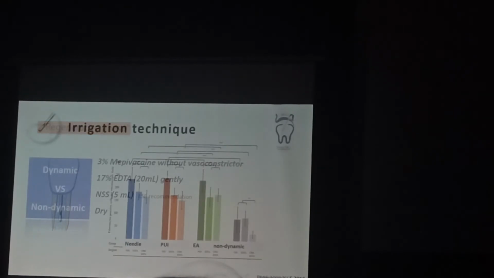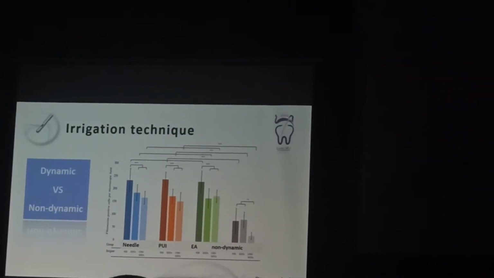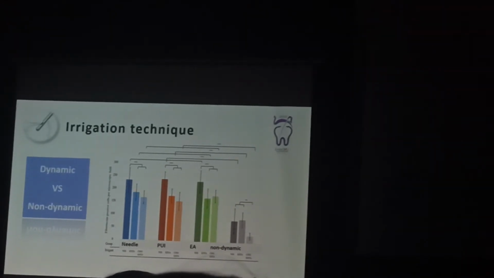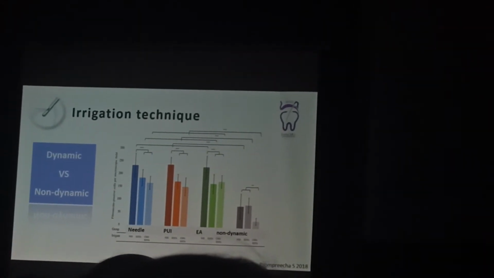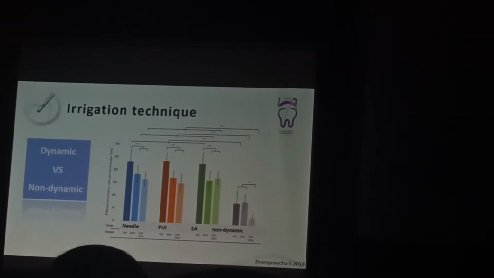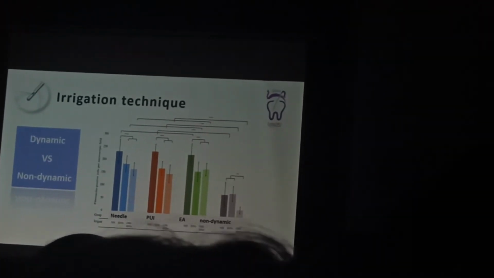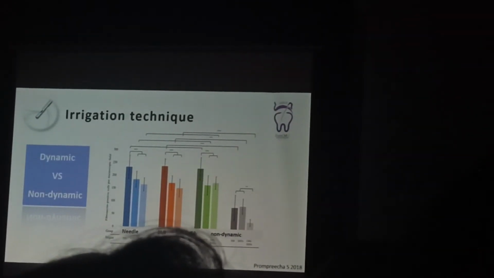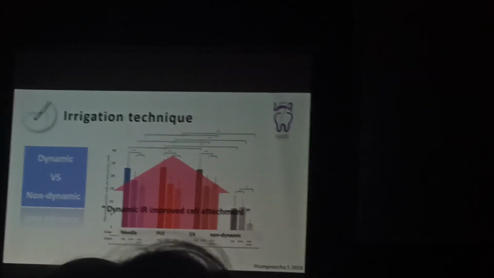After that, dry. At this point, we consider the irrigation technique. We can normally use a needle to irrigate the canal, but there are some recommendations that if we have dynamic movement of the irrigants all the time, it can improve cell attachment.